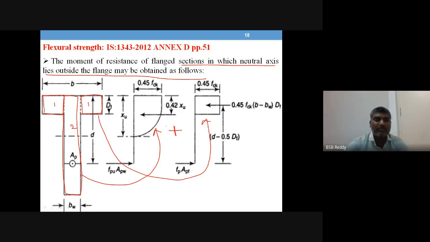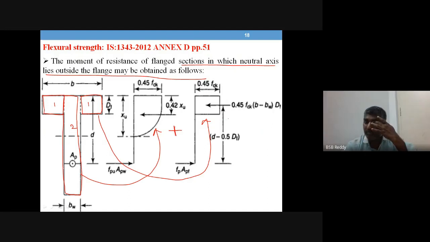You know this very well from RCC, you might have already done this, but once again. As the stress block is extending beyond the flange, it is taken as a rectangle. The stress block is a rectangle for this portion of the flange. Beyond that it is parabolic anyhow.